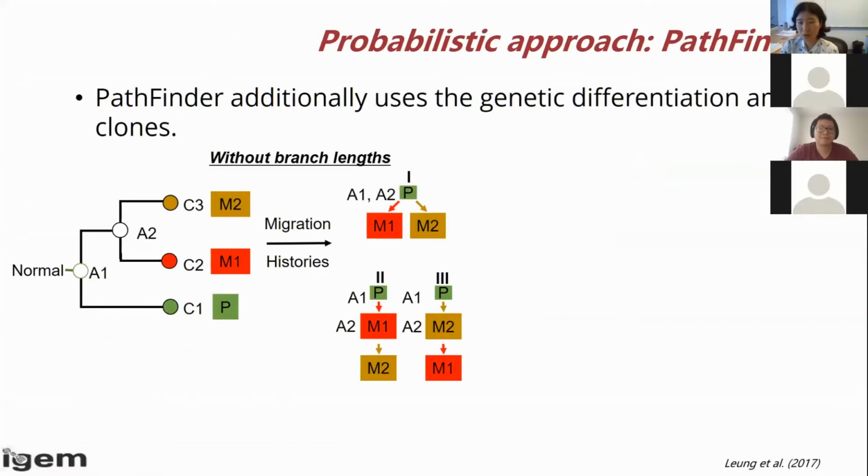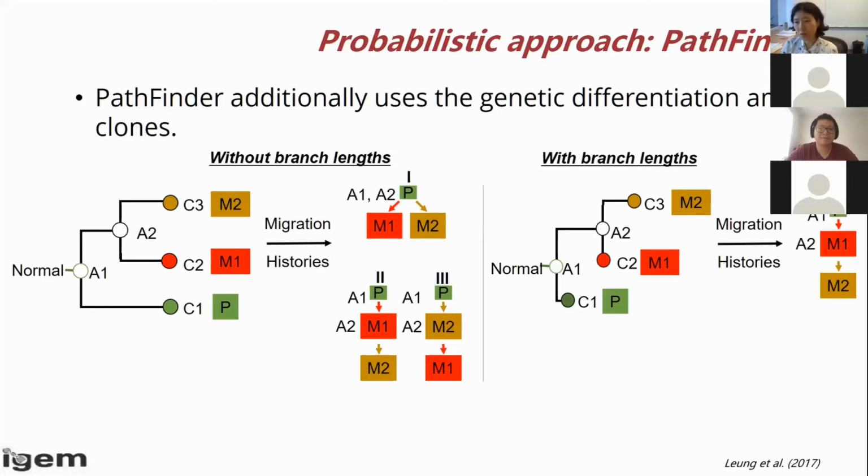I will illustrate the importance of branch length by using this simple phylogeny. This is a phylogeny of 3 clones. All of the clones are found in 3 different tumor sites. Without branch length information, we cannot determine the ancestral tumor location of this A2 clone. As a result, we will obtain 3 equally parsimonious solutions.